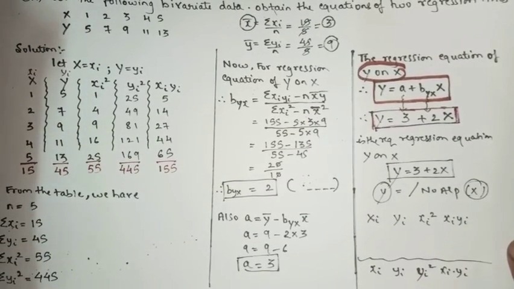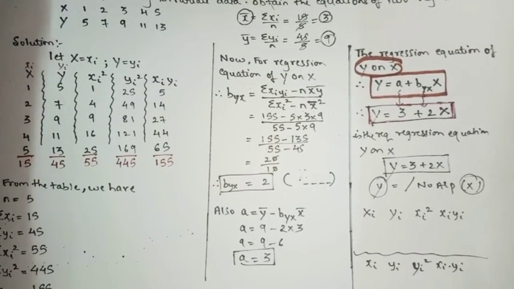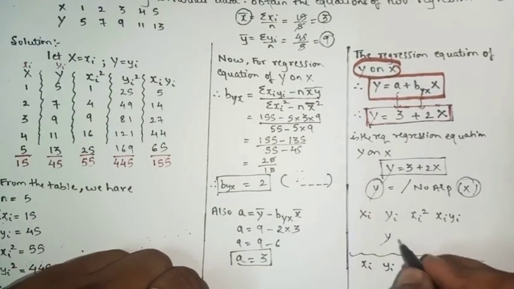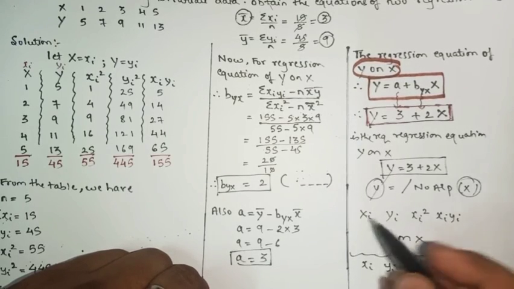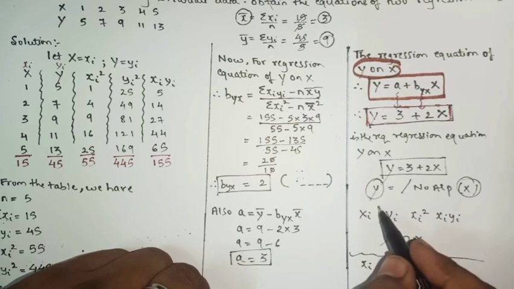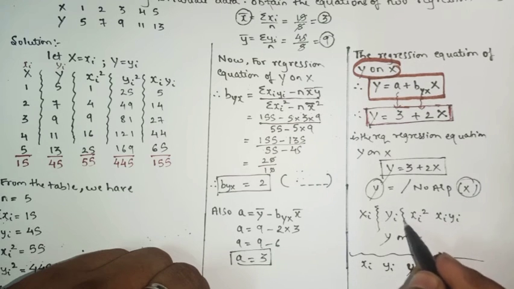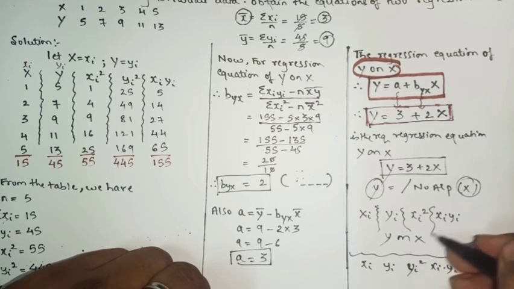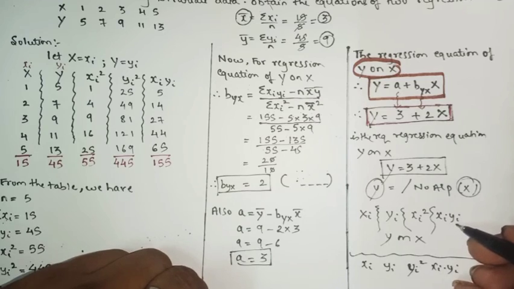Okay, so one more thing I just want to explain. In the question, if you have to find only y on x, at that time you will construct your table with respect to xi, yi, xi square, xi yi.